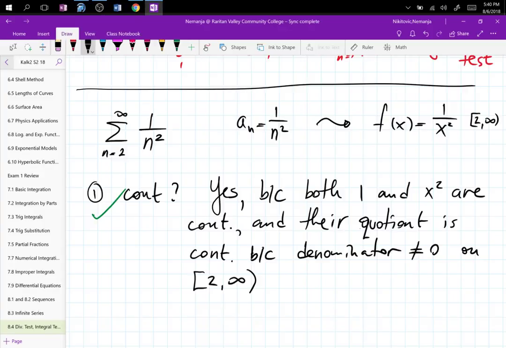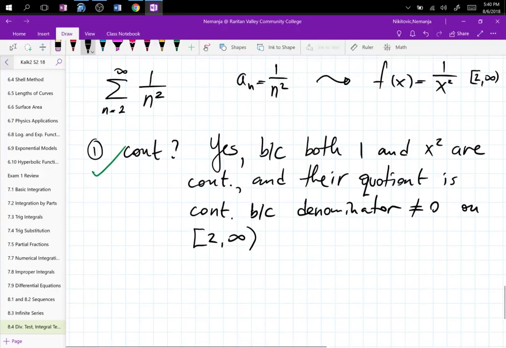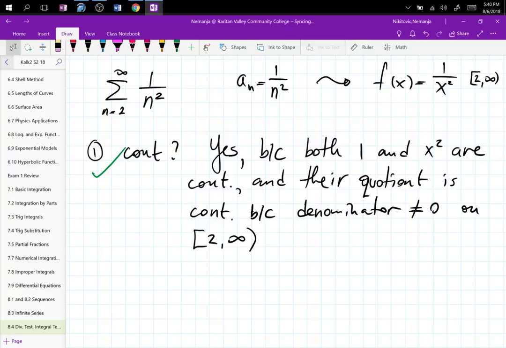It is equal to 0 at 0, but 0 is not the part of our domain, so there you go. It's continuous.